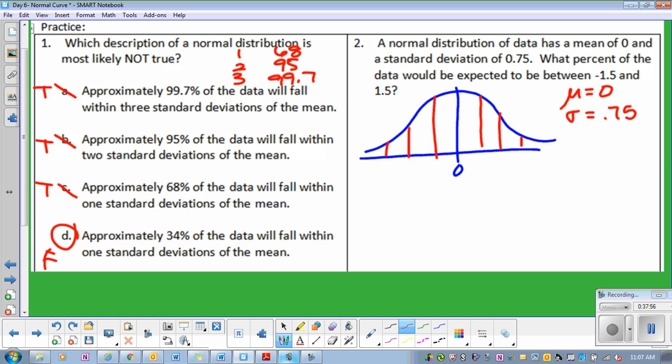The one above, you add. So 0.75, and then 1.5, and then 2.25. Did I do that right? Negative 0.75 going the other way, negative 1.5 and negative 2.25. Yeah?